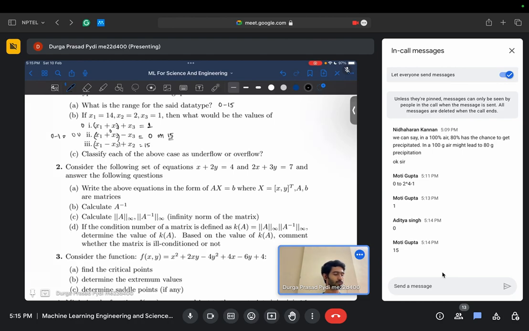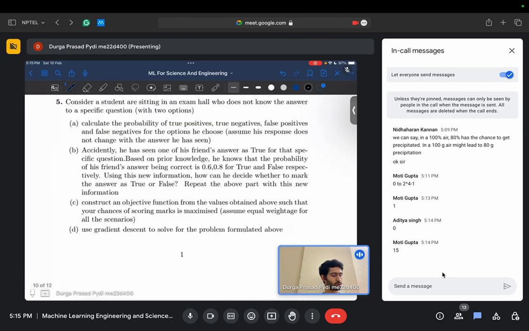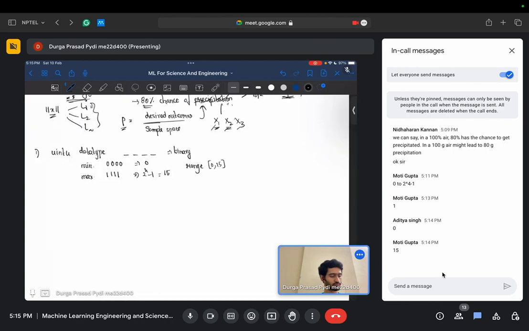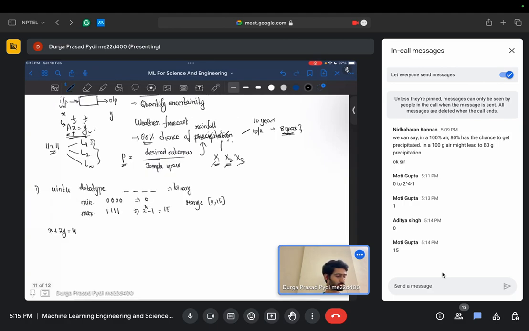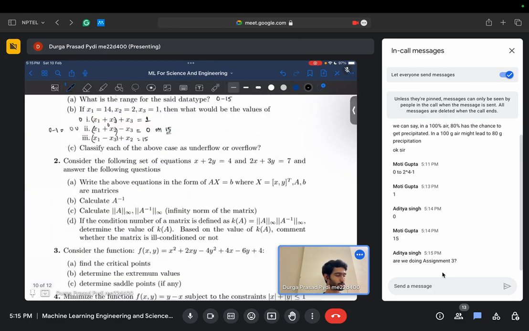You can write it in the matrix form Ax equal to B. So the equations are x plus 2y equal to 4, and my second equation is 2x plus 3y equal to 7.